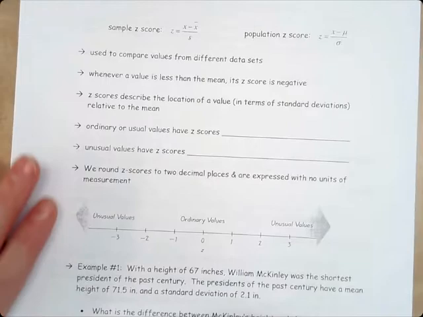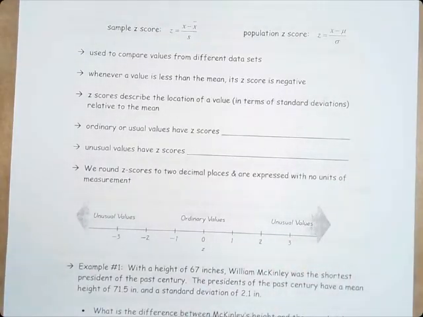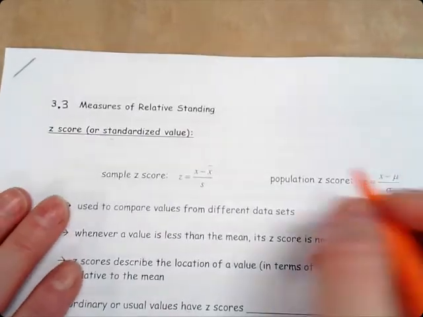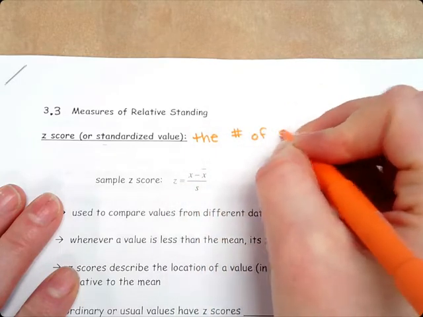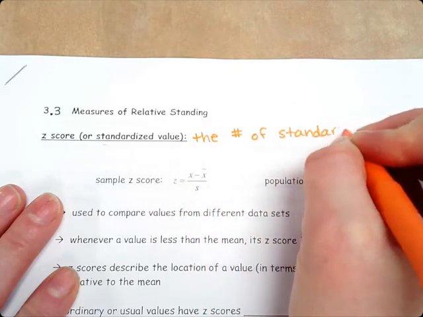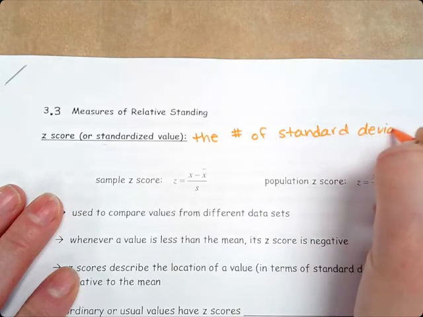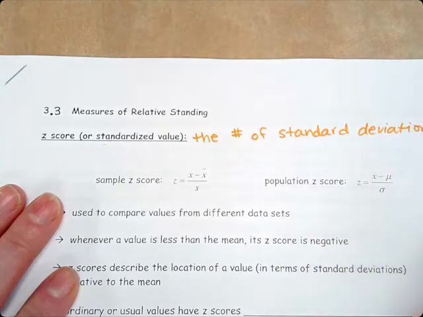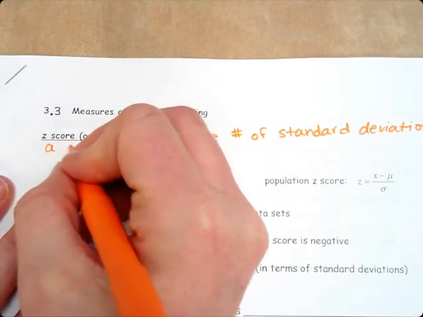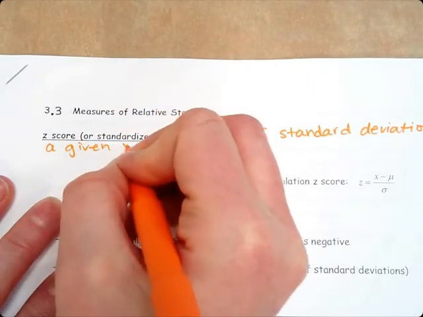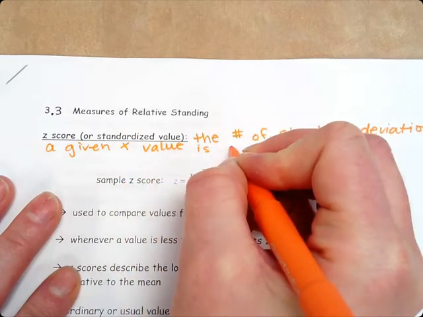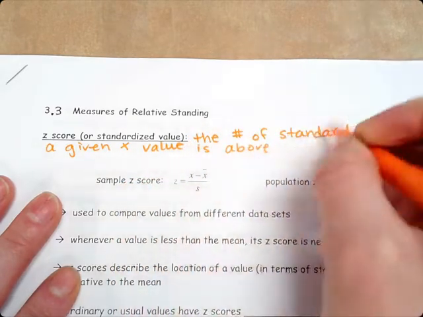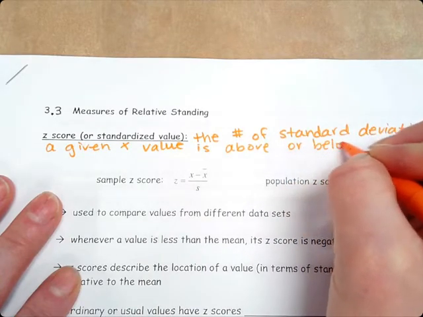All right, so let's look at measures of relative standing, 3.3. A z-score is the number of standard deviations a given X value is above or below the mean.